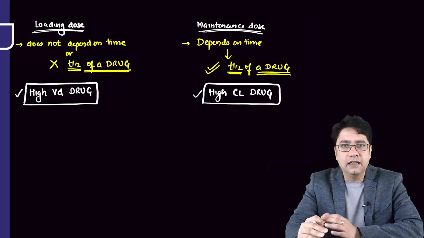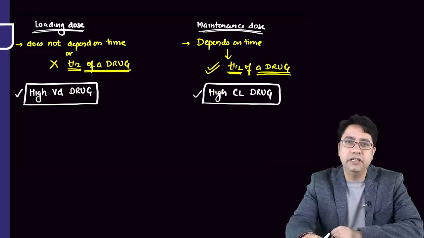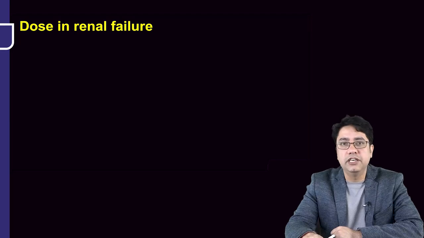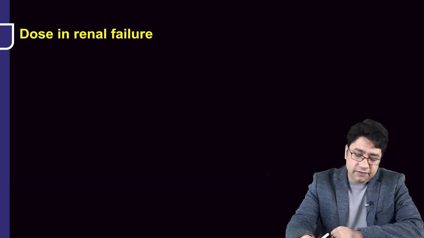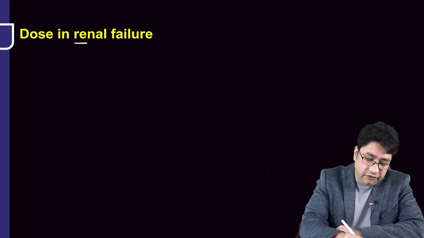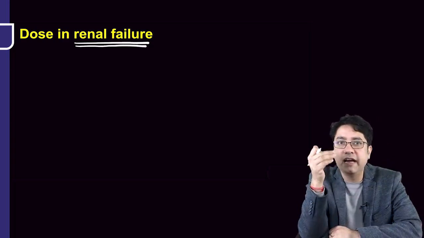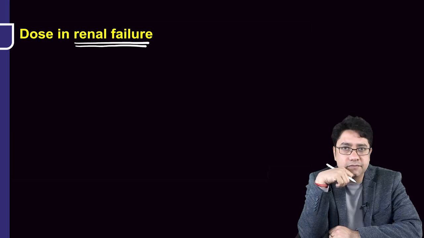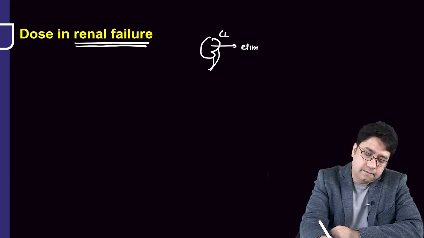Now beta, let's make this a little bit more applicable to our patient. Let's say there is a patient who is having renal disease. Can we say that in renal failure, the kidney is mainly responsible for elimination of a drug, and the kidney has some clearance capacity to eliminate a drug?